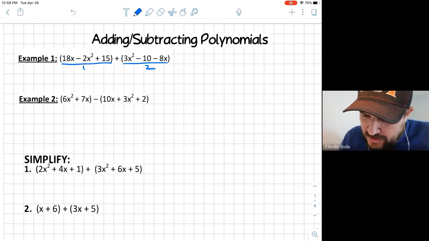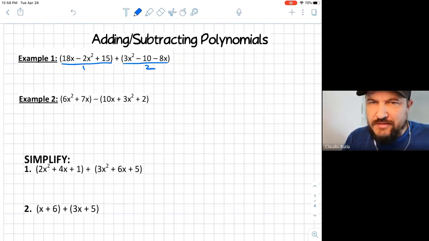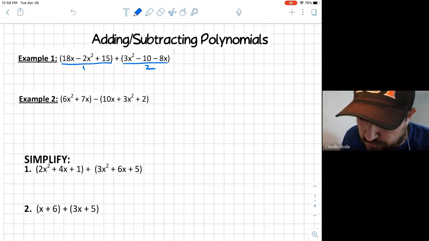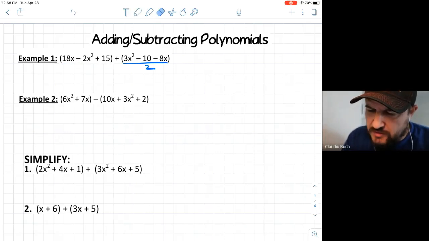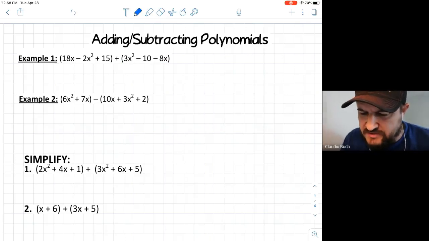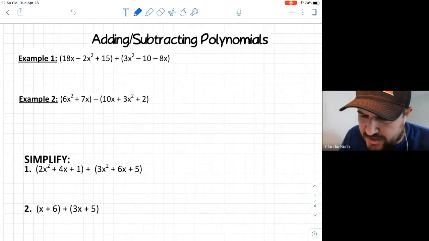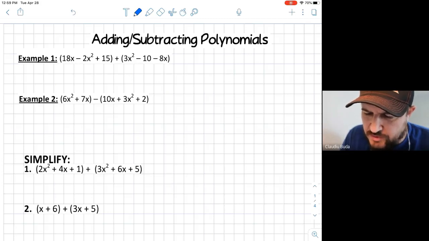What you can do is get rid of the parentheses and identify the terms that are the same. Those are like terms that we can combine.